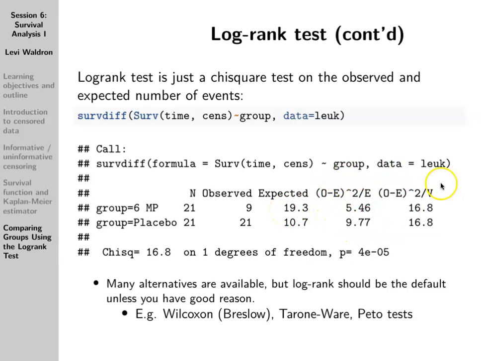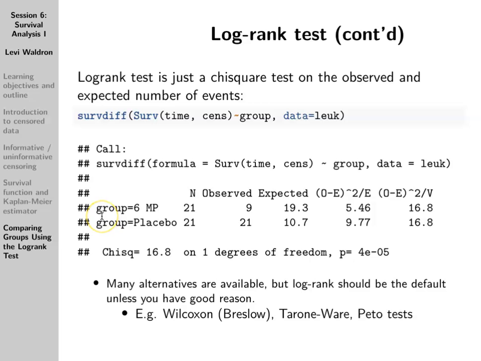And then this bit is showing us the guts of the chi-squared calculation, this difference between observed minus expected squared over expected. There's a chi-squared value calculated and a p-value associated of, in this case, 4 times 10 to the minus 5. So in this case, we would reject this null hypothesis of the survival functions being the same between these two groups.